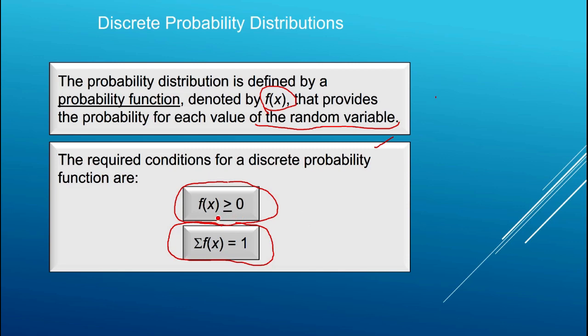They're expressed a little bit differently here, but you will note that if the sum of all the different probabilities equals 1 across all the different values that the variable x can take on, and each one of those probabilities f of x is greater than or equal to 0, then it's also implied that the probability for each one of the values of x must of course be less than or equal to 1. So these are the same conditions that we've seen before.